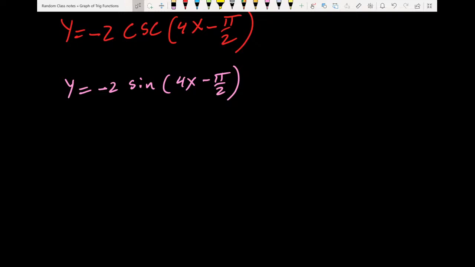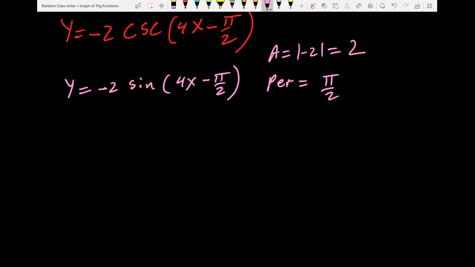All right, should I do it? Let's graph it. Ready, kids? Okay. What's the period? No, let's do the amplitude first. What's the amplitude? That's easy. What's the period? What?